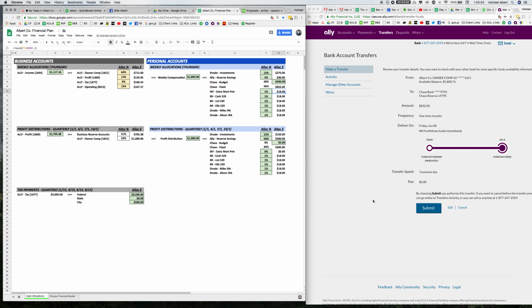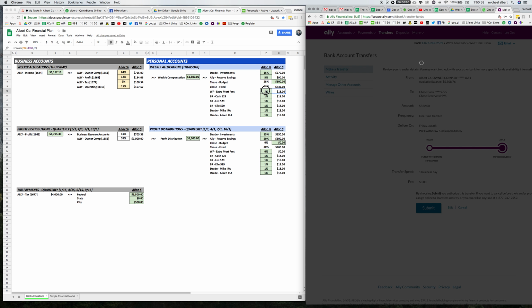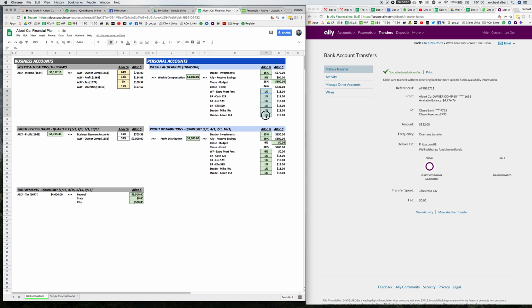And then once I get off with you guys, I'm going to allocate another 6%, which is $18 basically to each of these, 1, 2, 3, 4, 5, 6 accounts. Now, I've been doing the extra mortgage payment. I think it's been at 5%.